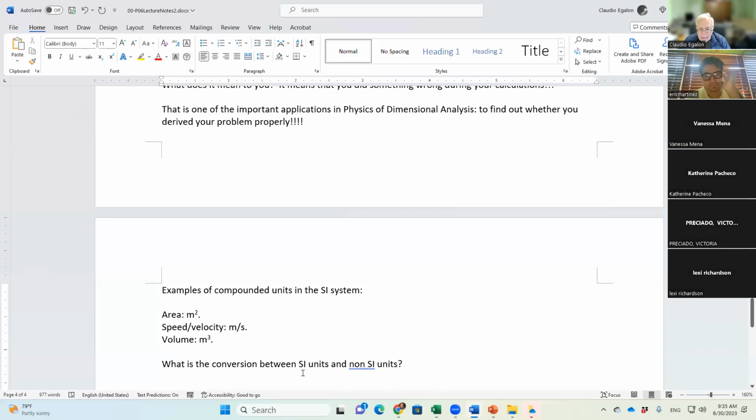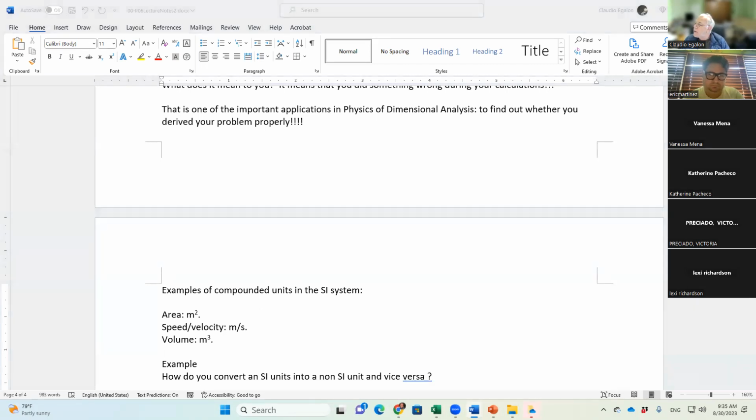How do you convert an SI unit into a non-SI unit, and vice versa? That's the best question. That's an example here, our little example.